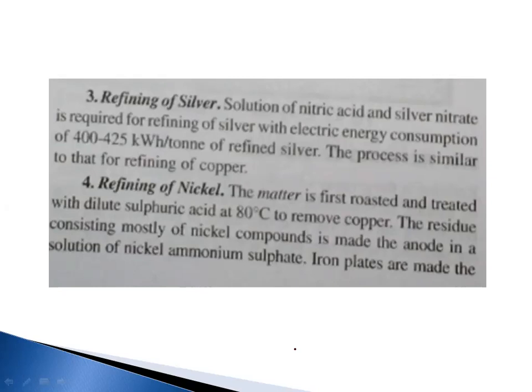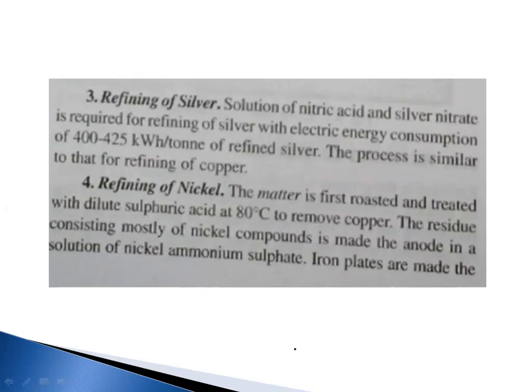Fourthly, refining of nickel. The matte is first roasted and treated with dilute sulfuric acid at 80 degrees centigrade to remove the copper. The residue, consisting mostly of nickel compounds, is made the anode in a solution of nickel ammonium sulfate.